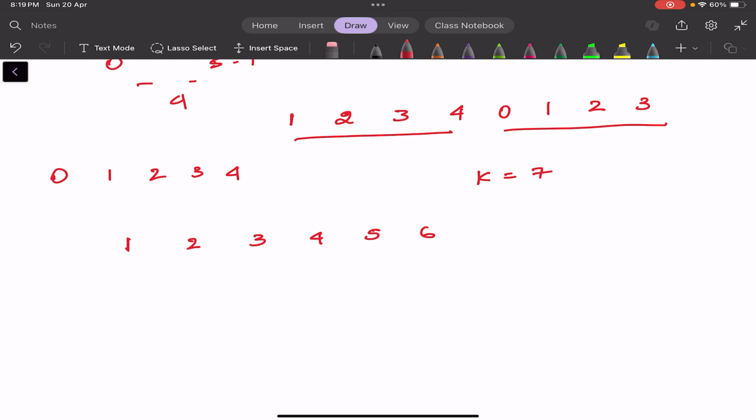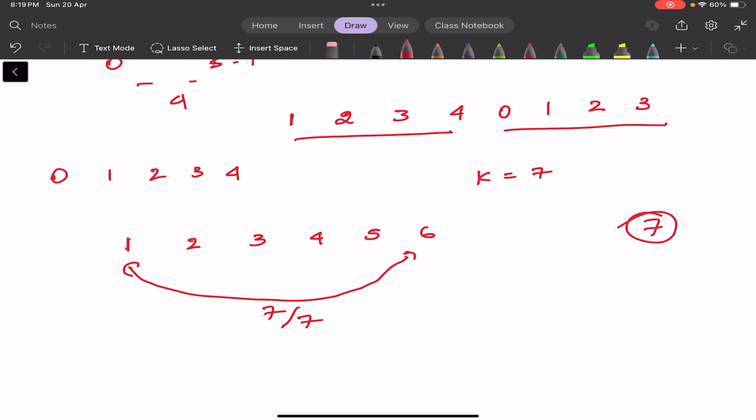If I need a pair which will be divisible by 7, what should I add with 1? I should add 6, right? Only if I add 6, I will get the value 7, which is divisible by 7, right? So do I have 6 in my array? Yes, I do have 6. So this will be divisible, and we have got the valid pair.